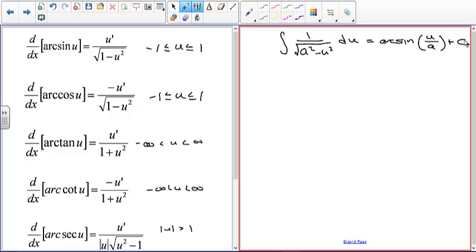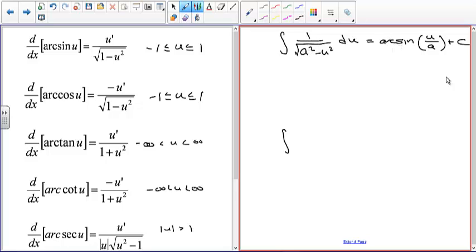So the big difference here is the derivative involves 1, but the integration formula involves a, so that this number here can be something other than 1. And I'll explain later how that works, but for right now. We actually don't list the integral that corresponds to this one, because you can handle all integrations of this form by using the arc sine.